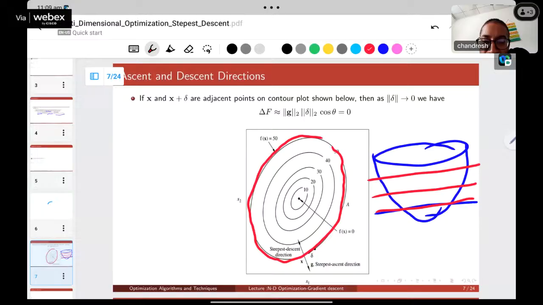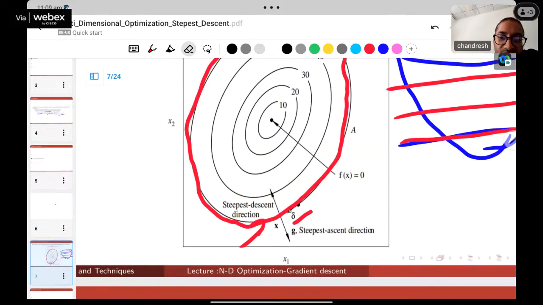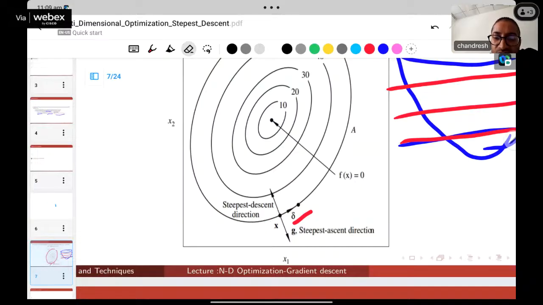Now look at this point x, and we make a small movement in the direction of delta. Let me zoom it for you. We are at a point x and we are moving a small amount delta. Basically, we are using the definition of derivative. So this would be your x plus delta point, right?